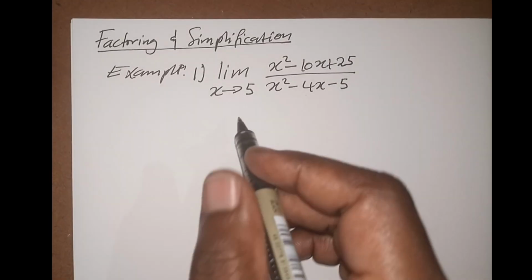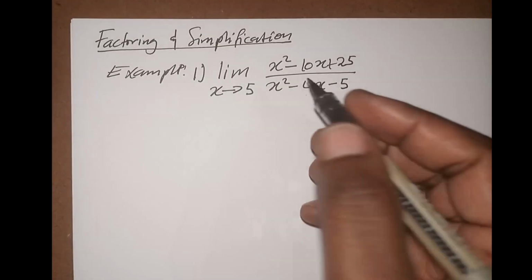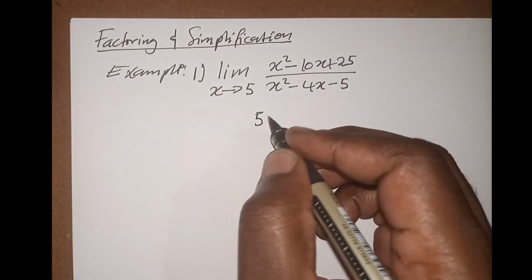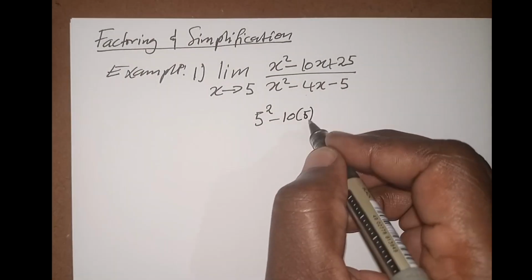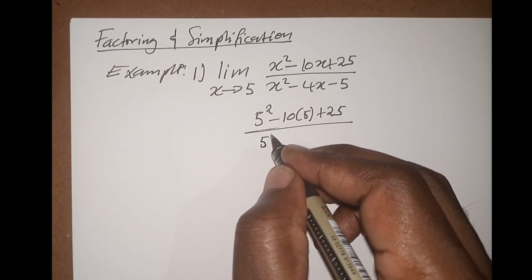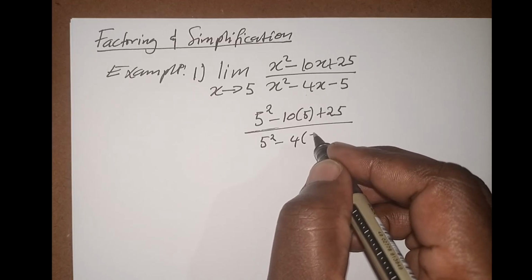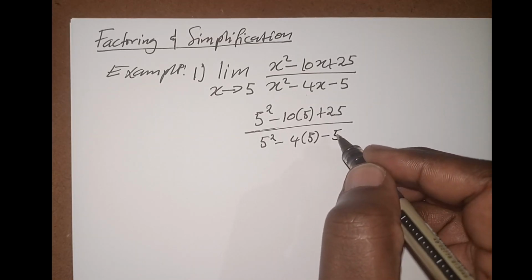So when you try to do a direct substitution with this one, let's see what happens. You're going to have 5 squared minus 10, 5 plus 25 over 5 squared minus 4, 5 minus 5 there.